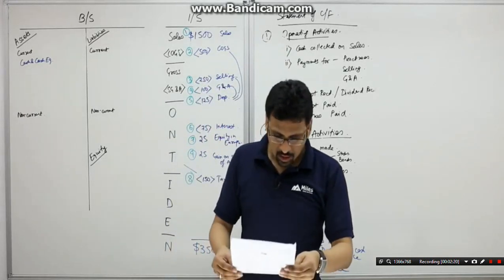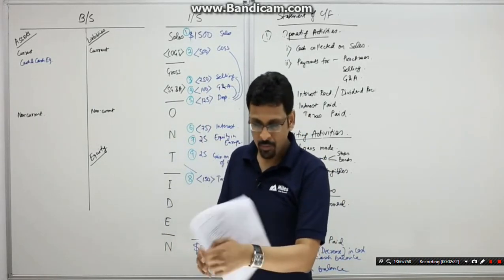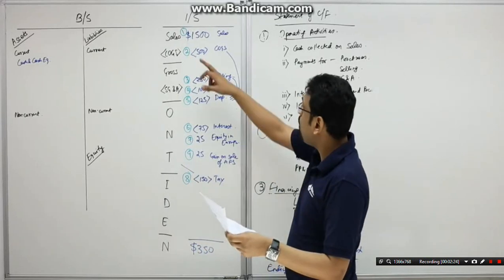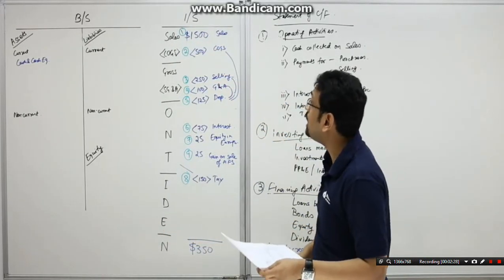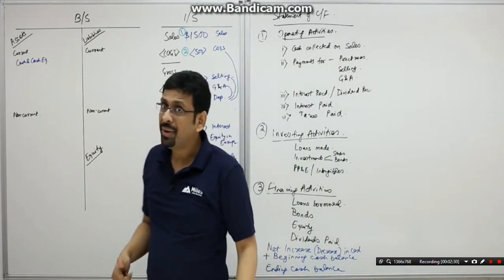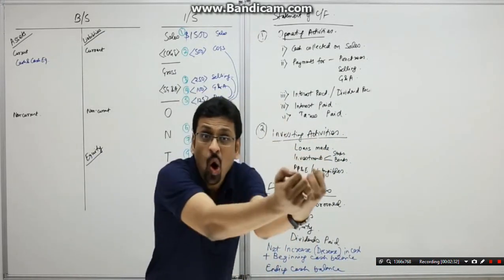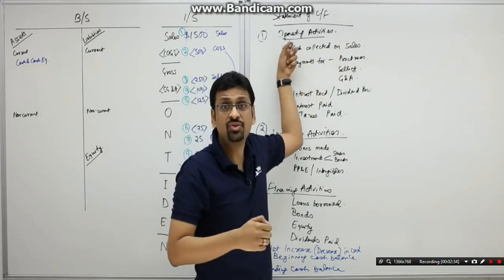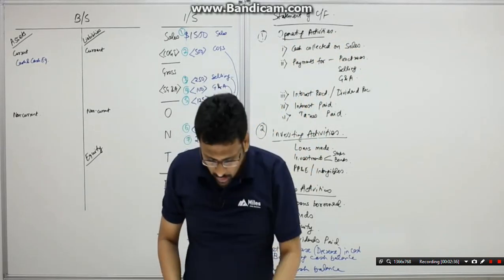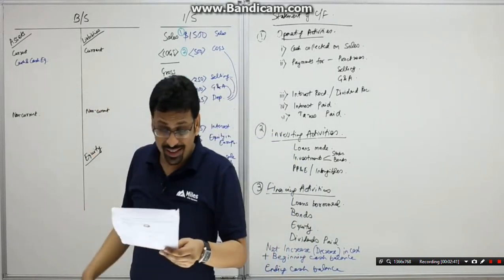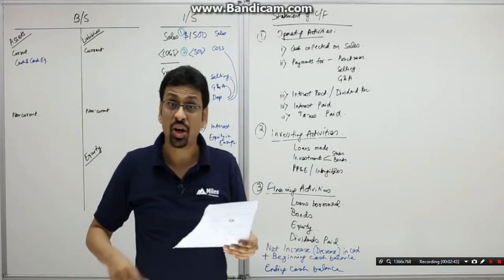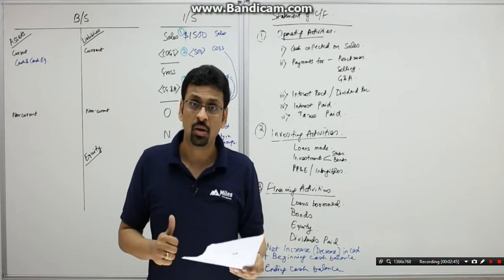So let's look at the numbers here. Let's say number 1, we're looking at sales. Now sales has been $1,500 during the year. But has the entity collected all the $1,500 in cash collections? For that, we look at the accounts receivable number on the balance sheet. Now they say that number has increased $200 from last year.